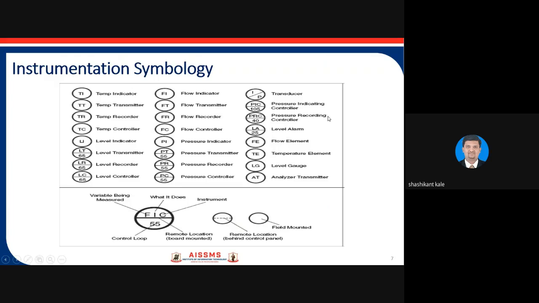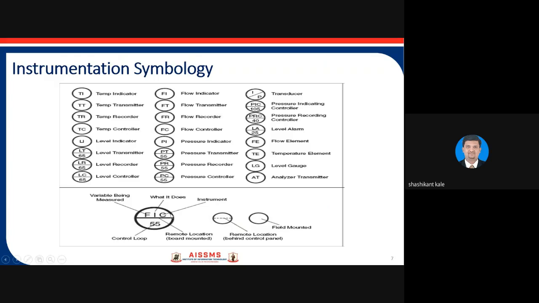For example, pressure recording as well as controlling is available in loop number 40, so it is shown like this, PRC, and this is available on the panel. FIC: the variable being measured is flow. What does it do? It is indicating, so I. And what is the instrument doing? It is controlling.